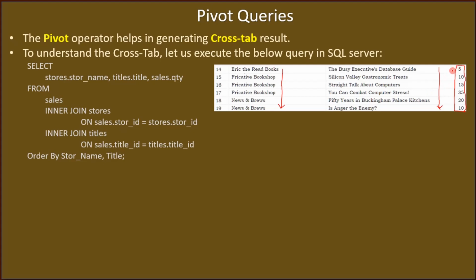So at present this is how the result is displayed: store name, book title, and the number of quantity. We ordered it based on store name and then title. So all the store names are displayed or first sorted, and inside the store name we are displaying the book title.